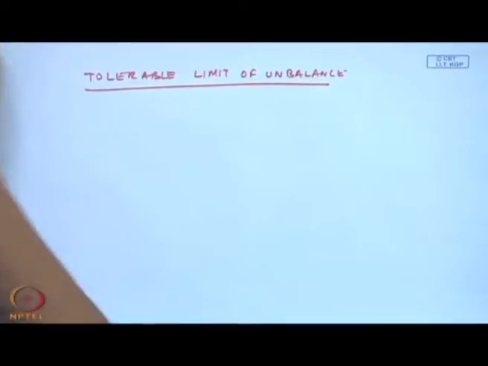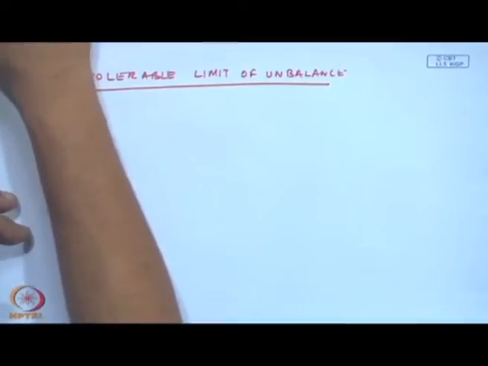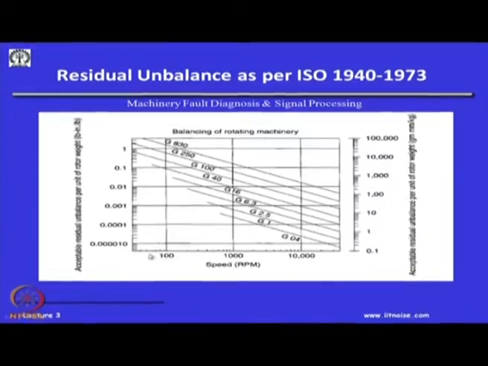This is a function given by this curve here. One axis is the speed of the machine, and the other is the acceptable residual unbalance per unit of rotor weight, given in gram per millimeter per kg, where the denominator is the rotor mass.